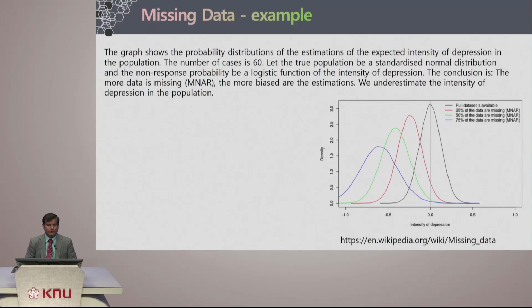Missing data, we can see some examples here. We already saw three different types of missing data, and this graph shows the probability distribution of the estimation of expected intensity of depression in the population. The first black curve shows us the full data set, where the number of cases is 60.